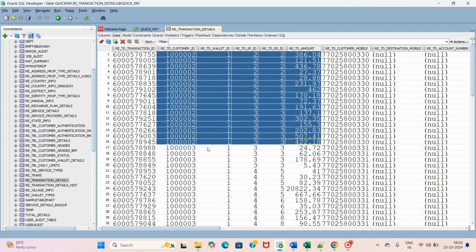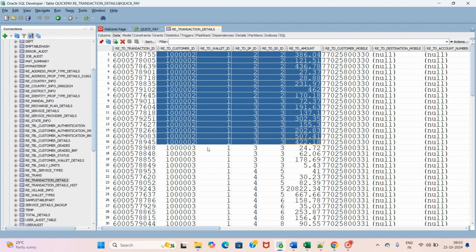How can you do the same customer, same service, same amount to the same mobile number without completing the validity? The date can be different. Clear? If you are aware of this functionality, you can write the queries.